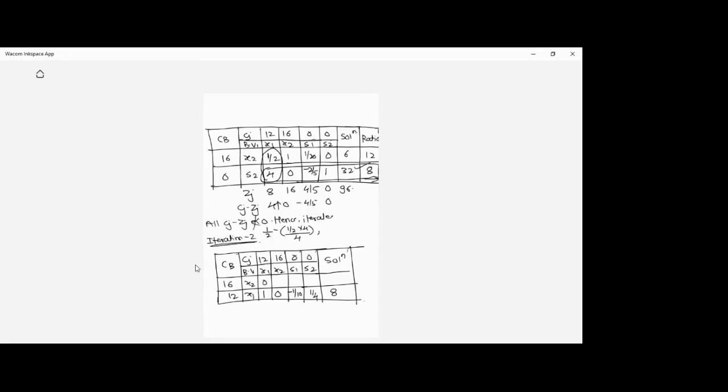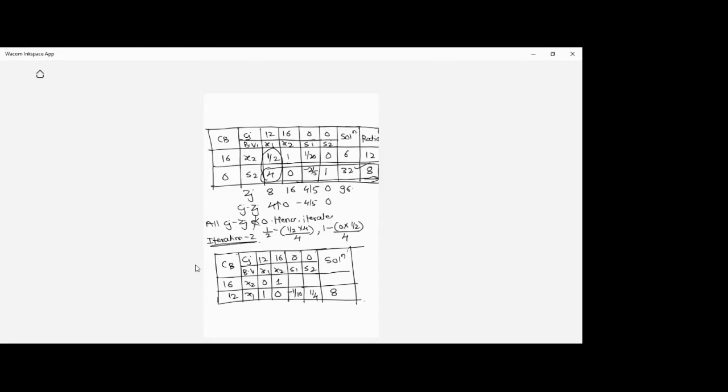For the next thing you can write 1 minus 0 into the corresponding key row value, and the corresponding key column value is 1 by 2 divided by 4. So 1 minus this entire thing will be 0 only, so the answer comes out to be 1 here.